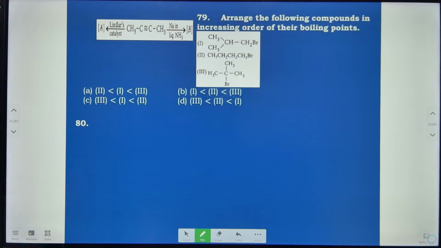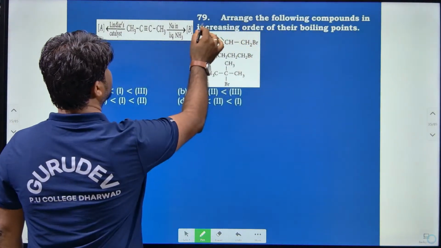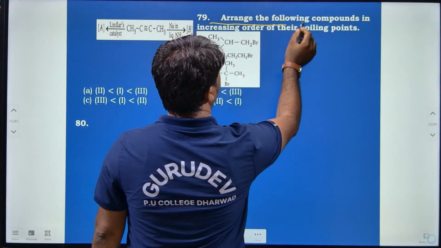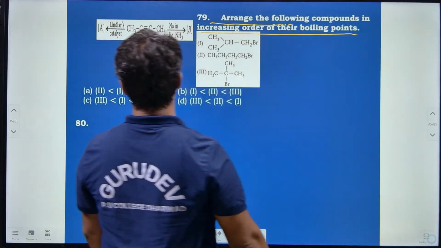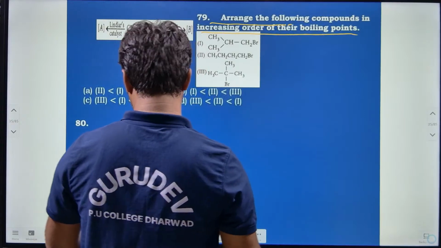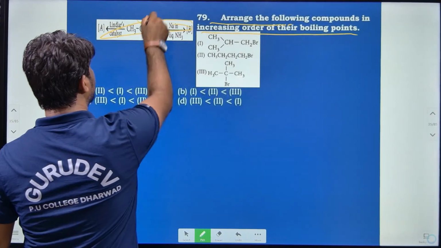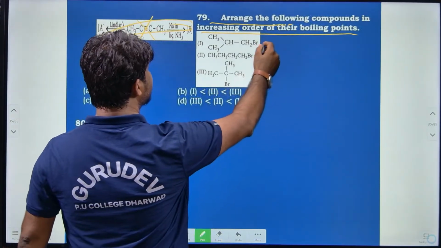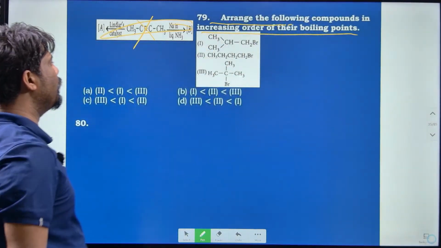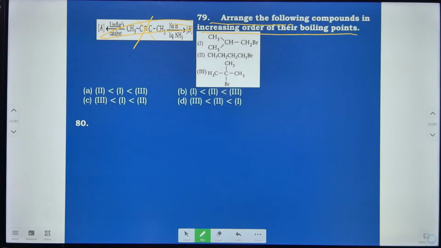Well, fine. Question number 79. Arrange the following compounds in the increasing order of their boiling point. See, as we know, as the branching increases, boiling points decrease.